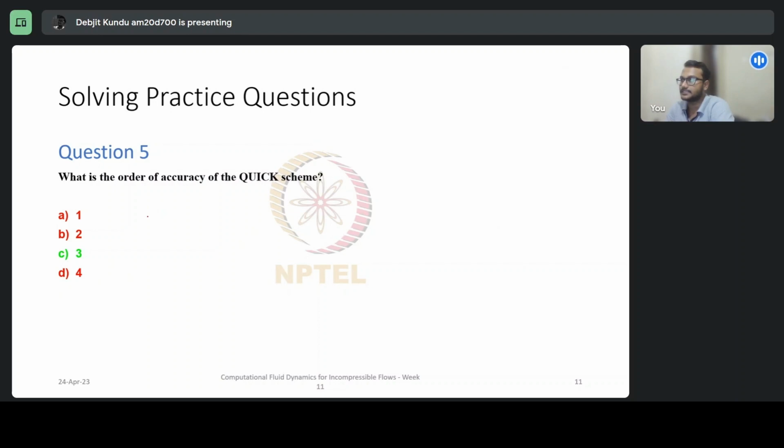So in QUICK scheme we saw that we used Taylor series expansion to estimate phi e as phi p plus delta x into dou phi dou x at p plus delta x square over 2 factorial dou 2 phi dou x2 at p and delta x cube over 3 factorial into the third derivative of phi at p and so on, plus higher order terms.